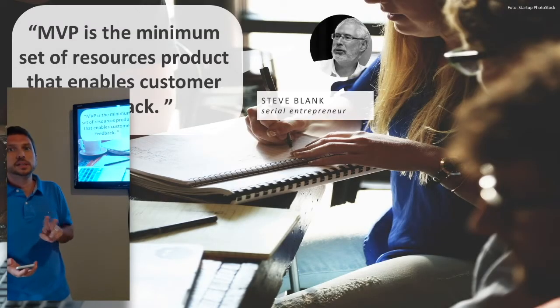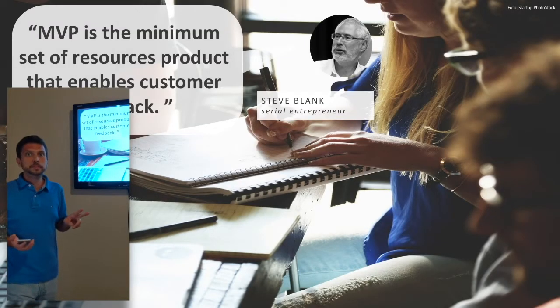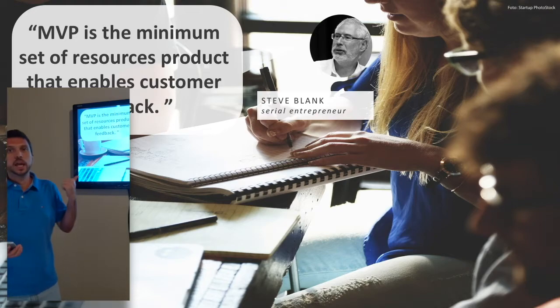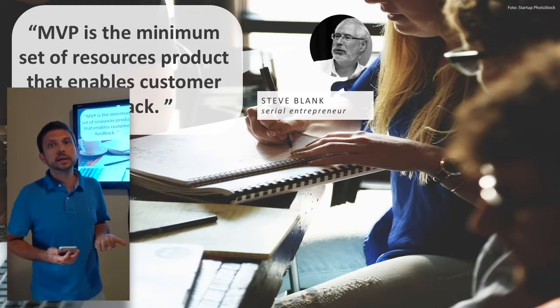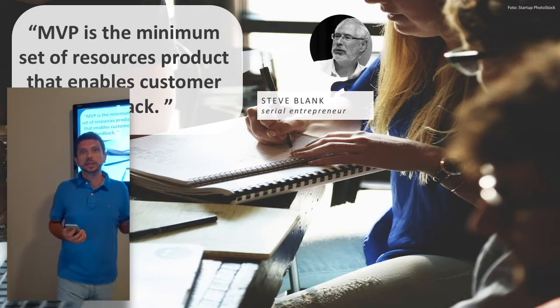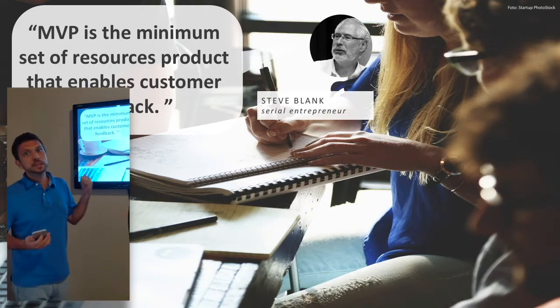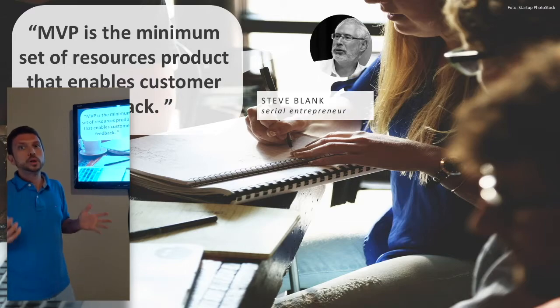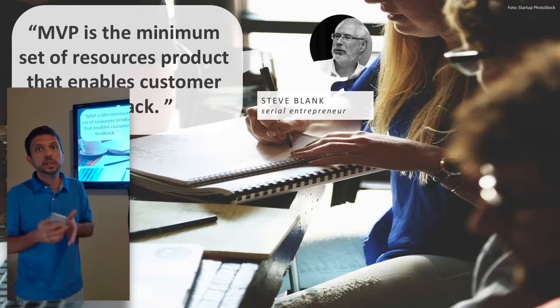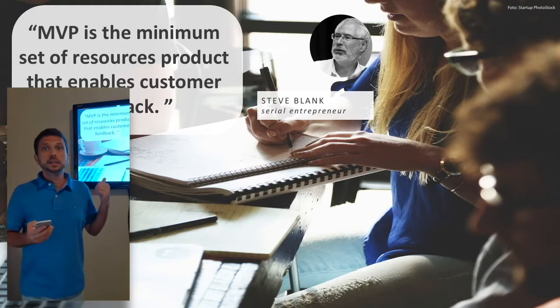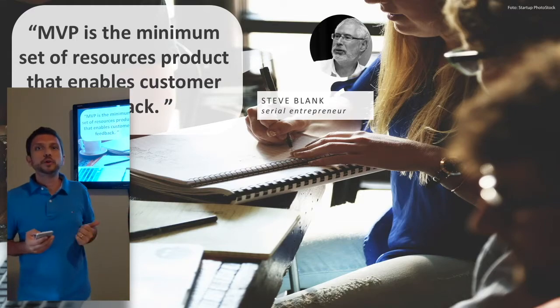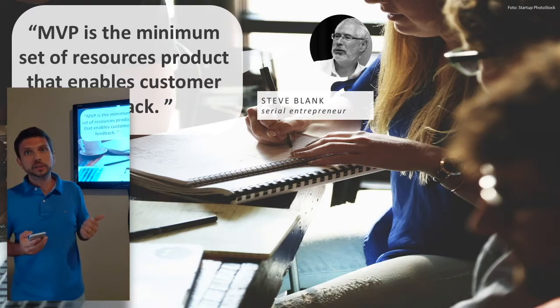Two sentences that I love about MVPs. The first came from Steve Blank, a serial entrepreneur in Silicon Valley, and he said, MVP is the minimum set of resources of the product that you need to have the customer's feedback. Just that. The second one comes from one of the founders of Twitter.